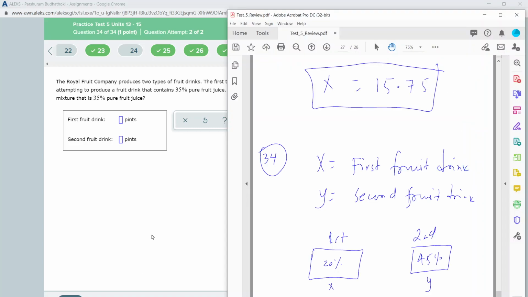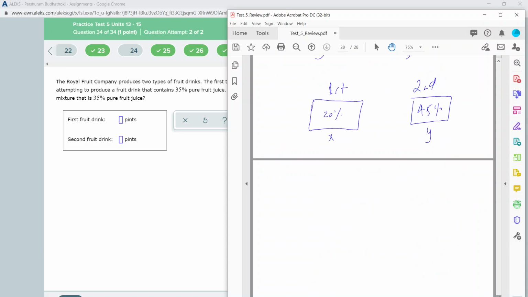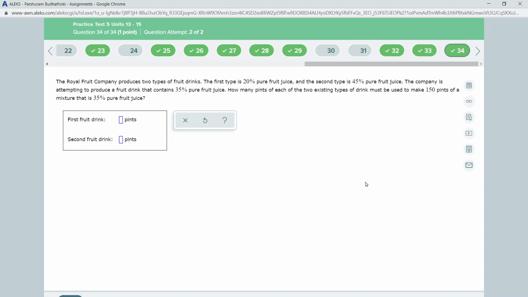We want to use these two fruit drinks, first and second. We want to mix them in one single place and make a mixture, and that mixture should be 35% pure fruit juice. We want to make 150 pints.